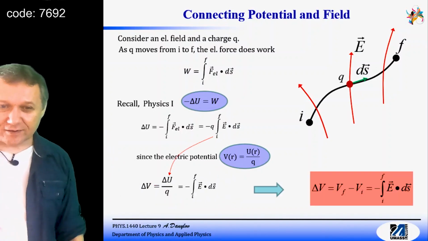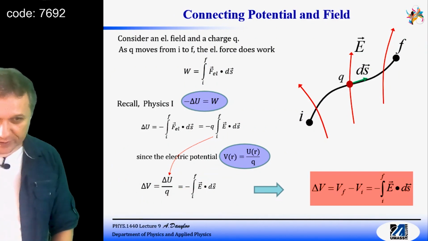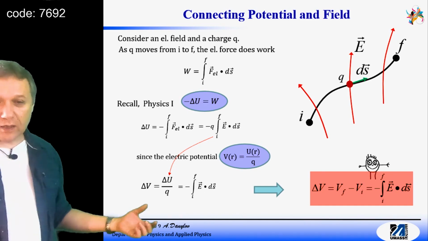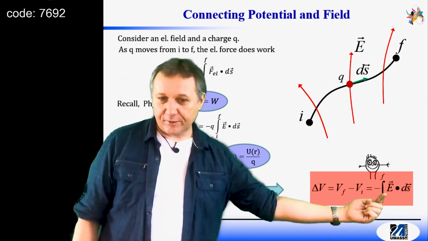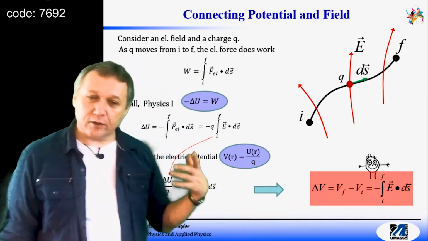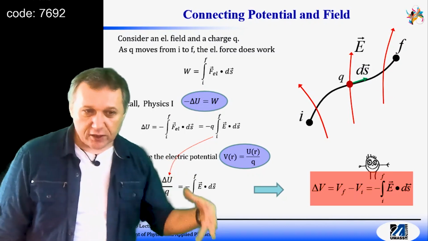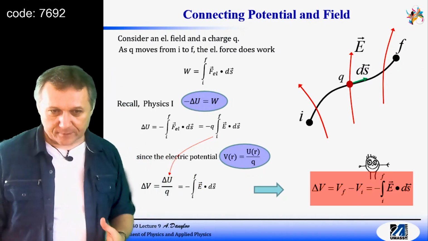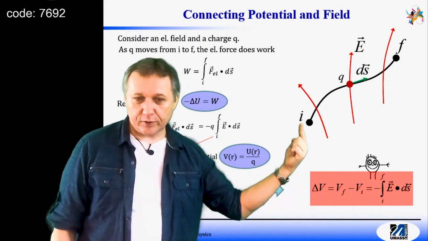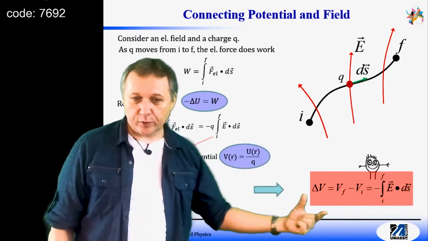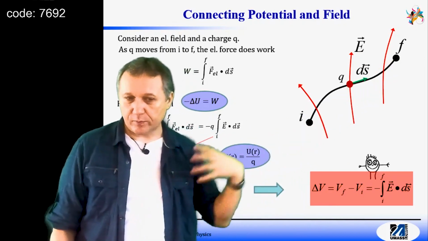Right? As a result, we have an expression which we are going to use from time to time. And again, what it gives us, it allows us to go from the electric field to, actually, we're not getting electric potential, we're getting a change, a potential difference, right? So you see the integral from the initial point to the final point, and we're getting the potential difference between the final point and the initial point.